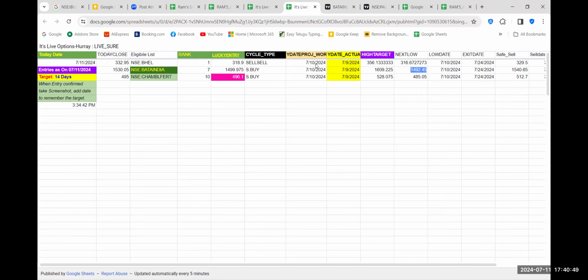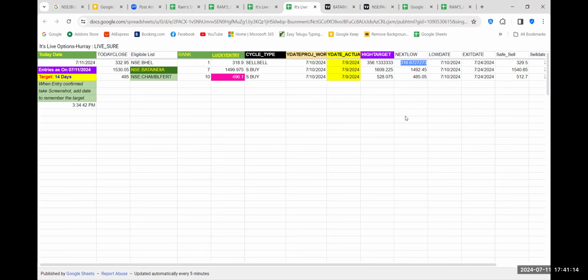You can see even if we have missed on the day, the next price we may have missed at 318, but we can buy again on 316 because we already projected this, which has not happened at that moment. But 316 has come on 10th of July, right? Yes.